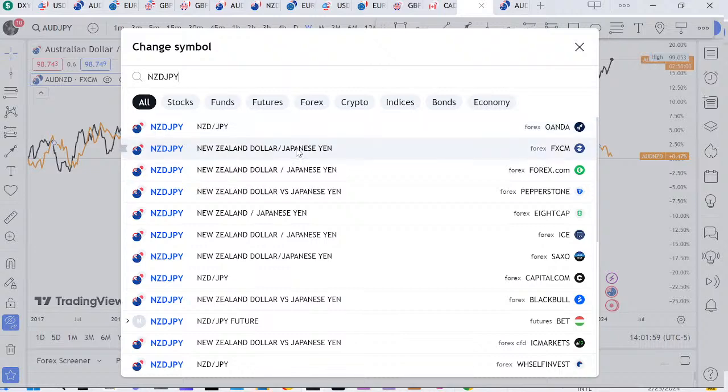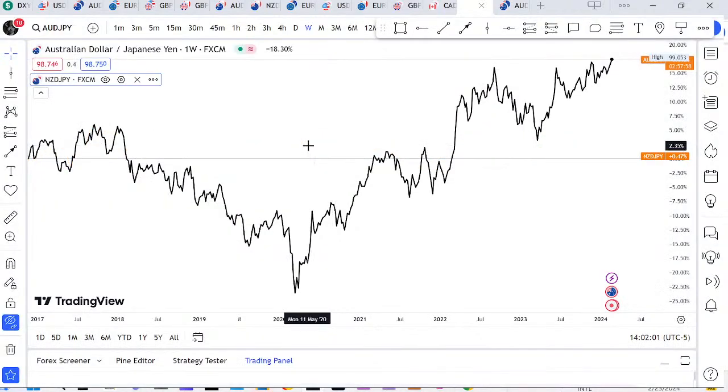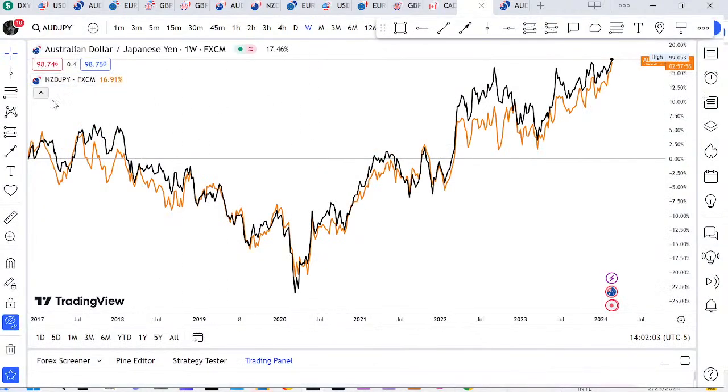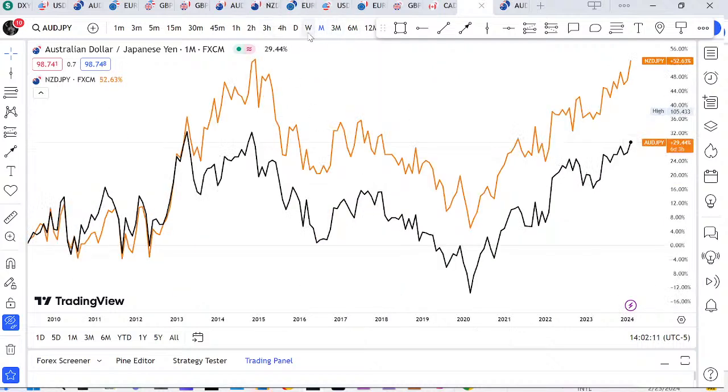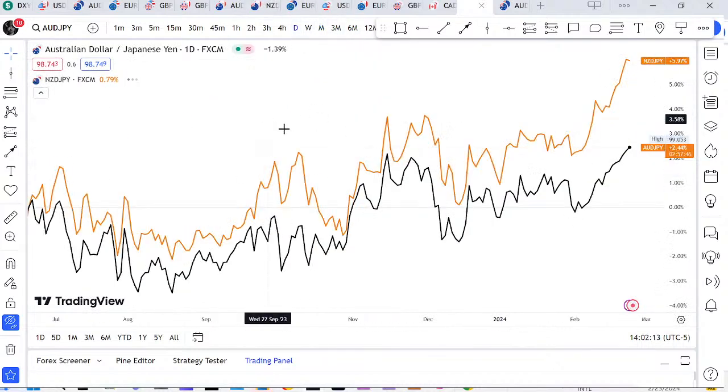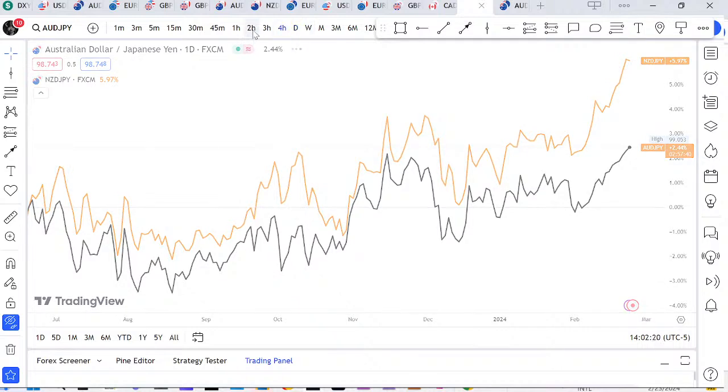So this is another example of positive correlation. We are going to be using positive correlation in our trading, in deciding when to trade and when not to trade. This pair is positively correlated in the sense that they are moving together.